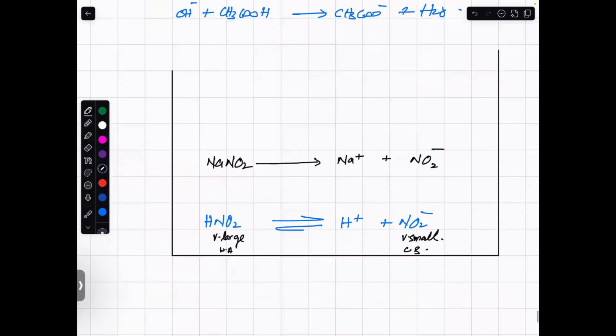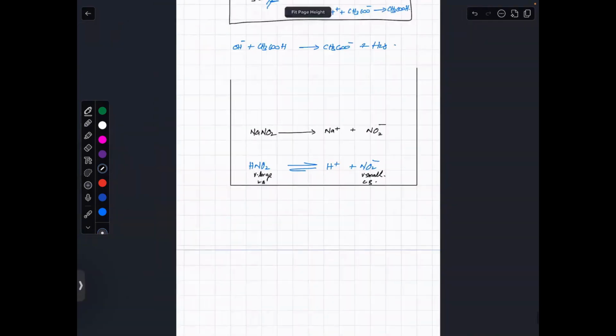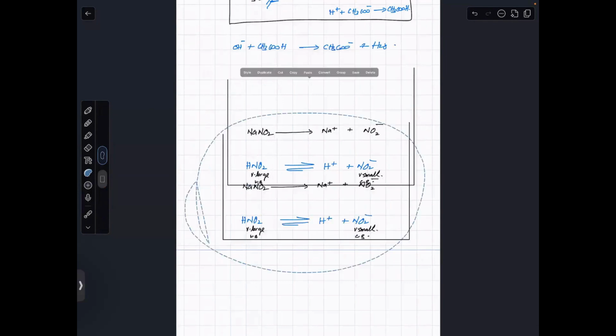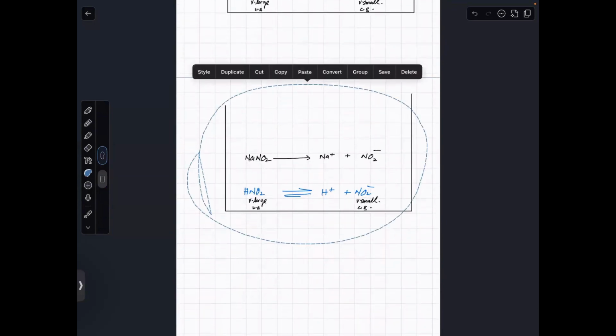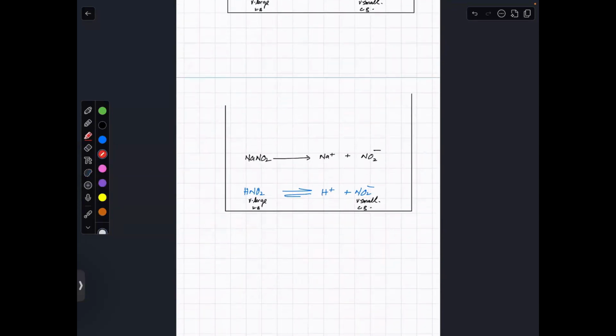As a result, what will happen? The concentration increases. It shifts the equilibrium for this to the left-hand side. Now, what will happen?